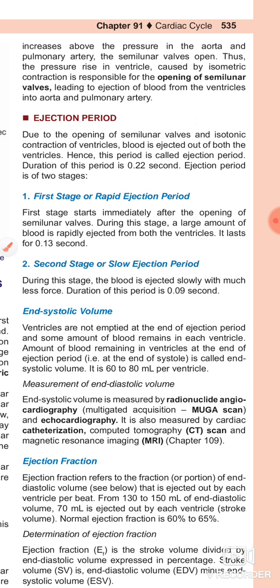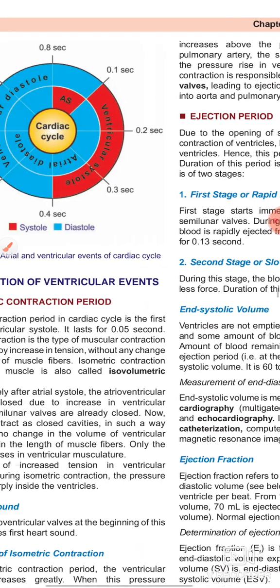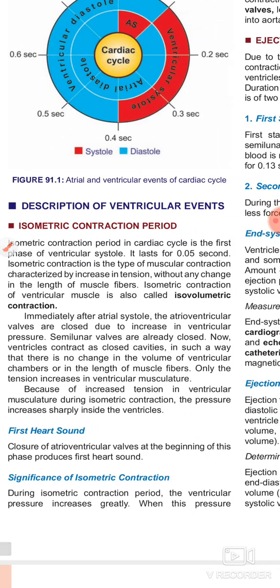So this is responsible for the opening of the semilunar valves. This is the main significance of isometric contraction: it opens the semilunar valves present in the aorta and also in the pulmonary artery. I hope you understand this concept.